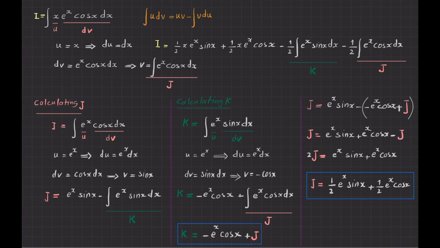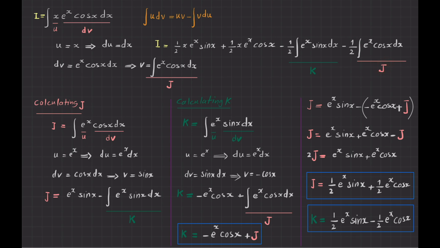But now I have j here, so I will add this one to this expression, and then I have my k. You see this is minus e to the x cosine x, and this is positive 1/2 e to the x cosine x. If I combine this one with this one, I will have that k is equal to this expression. Now everything is ready. So I is equal to this expression minus 1/2 k minus 1/2 j.